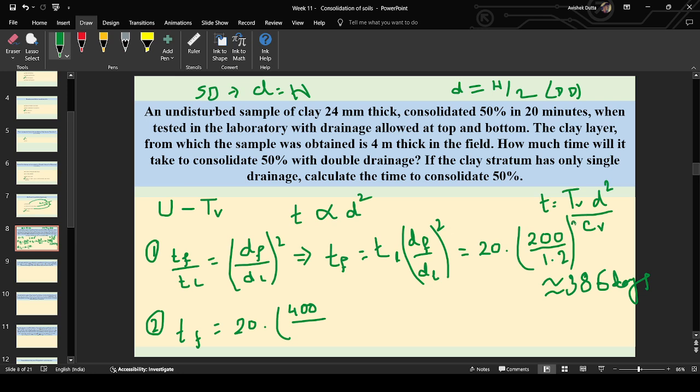I missed the square over here. And here also 400, divided by 1.2 in the lab, because it was double drainage, whole square. So simple thing, 400 is twice of 200, twice whole square is 4 times, so 386 times 4 will give us approximately, rounding up, 1544 days.